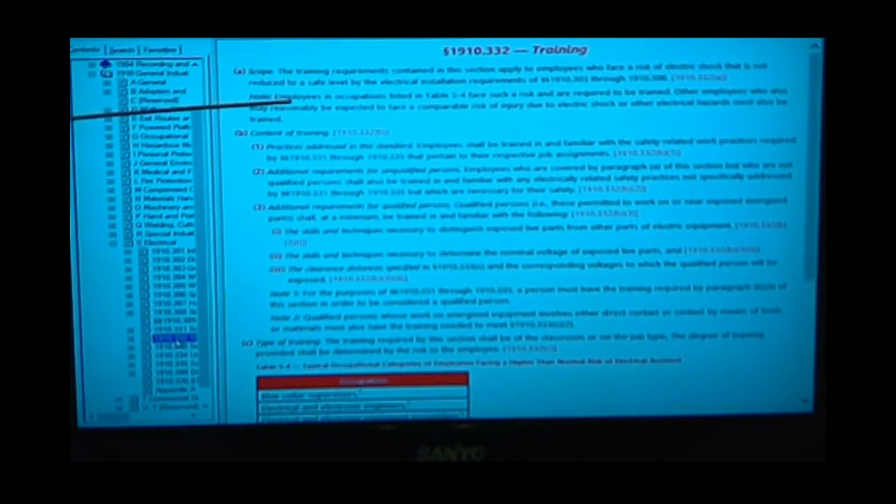Now, the training itself is listed down here. Some people have to be trained to higher levels. Qualified person, a larger amount of training. Unqualified person, minimal amount of training.